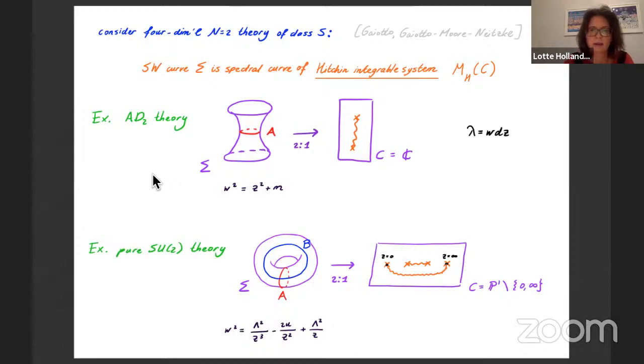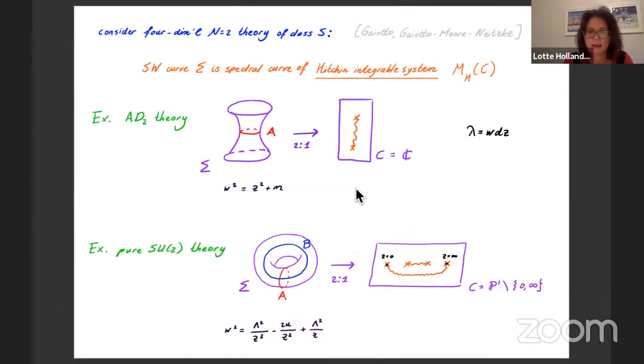In this case, if we choose our coordinates z and w so that lambda is just equal to w dz, then the Riemann surface sigma may be parameterized by the equation w squared is equal to z squared plus m, where m is the mass of this hypermultiplet. And it gives a double ramified covering over just a complex plane with an irregular singularity at infinity.